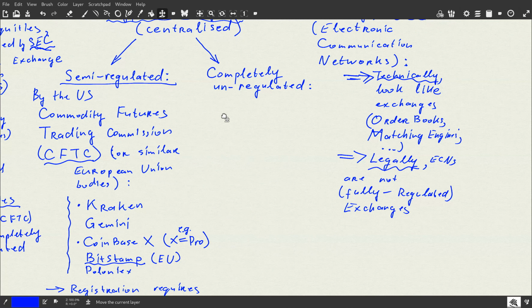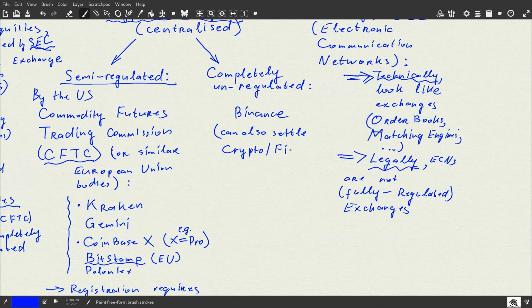So who is an informal leader at the moment? The leaders are Binance, and Binance is the only one which can also settle crypto to fiat transactions.